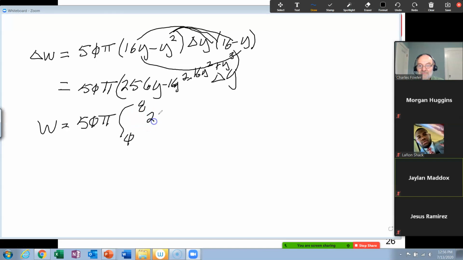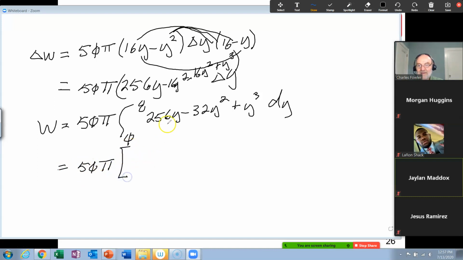That would be 256y minus 32y squared plus y cubed, and then it's the dy. The delta y becomes a dy. Okay, this is your 50 pi times the antiderivative of 256y, which is 128y squared.